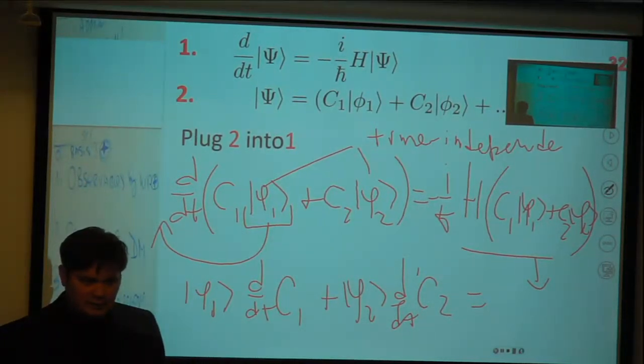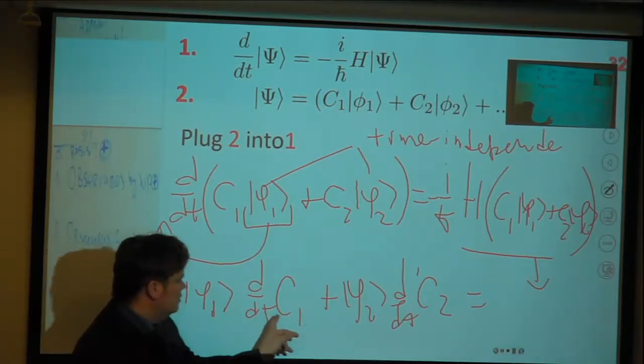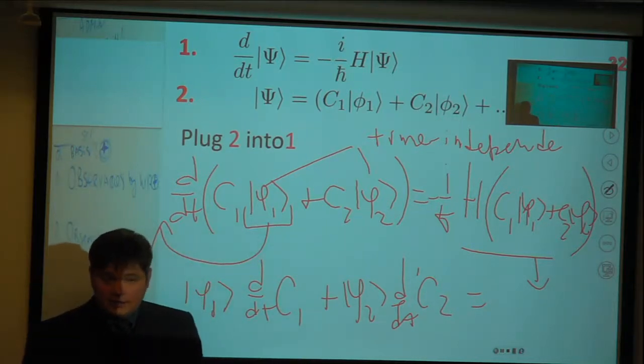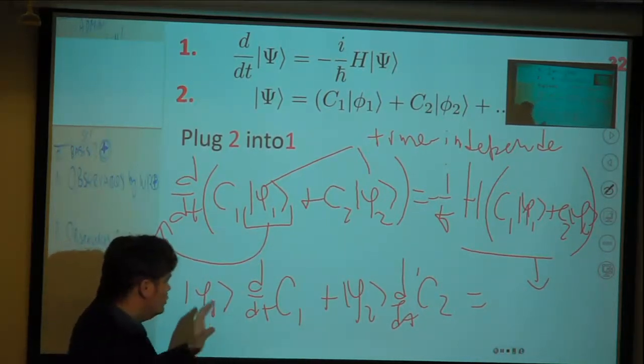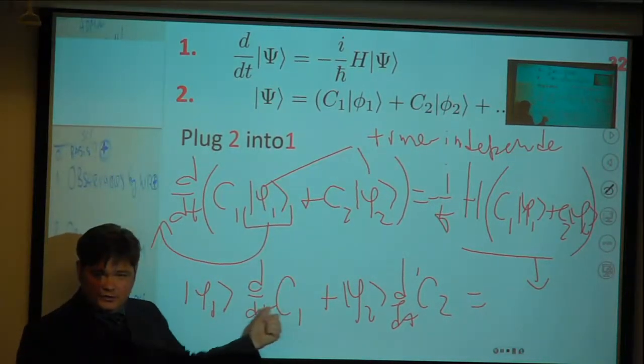Very comfortable. We have a term for the time dependence of expansion coefficients.